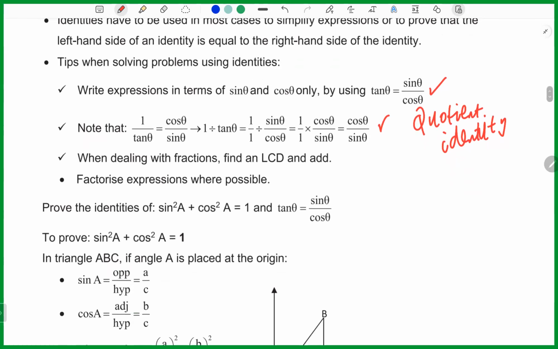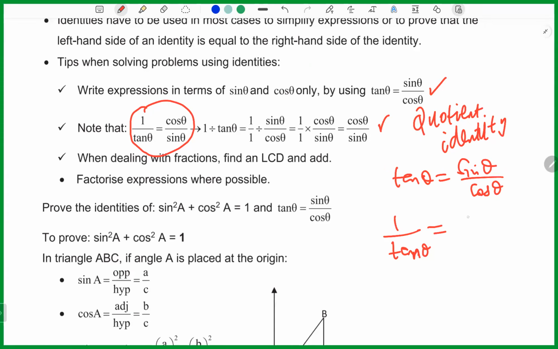So there's just a note here that if we know that the tangent of theta is the sine of theta divided by the cosine of theta, we can say 1 over the tan of theta is the cosine of theta divided by the sine of theta.